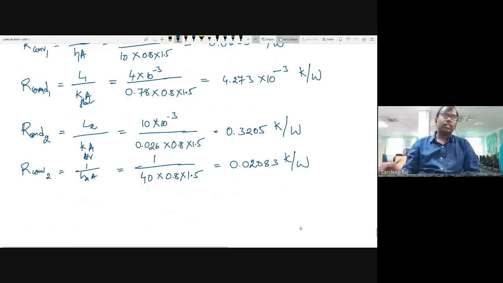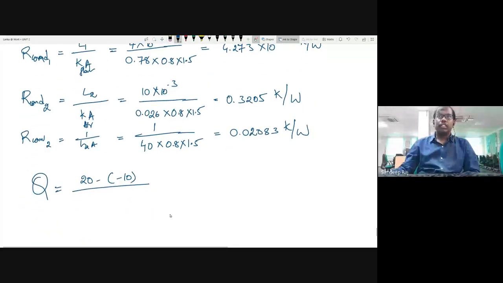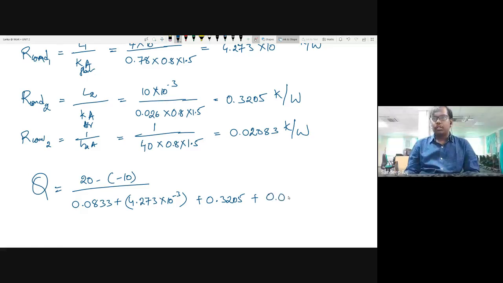You will get the value for Q. So Q is equal to T infinity 1, which is 20, minus 10, divided by the sum of all these: 0.0833 plus 4.273 into 10 to the power of minus 3 plus 0.3205 plus 0.0208.